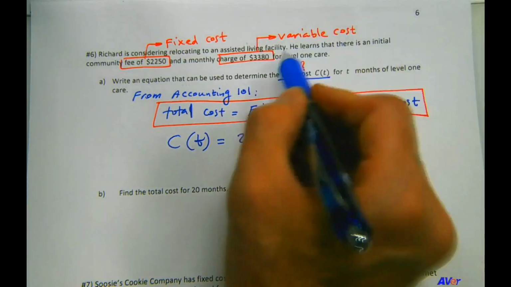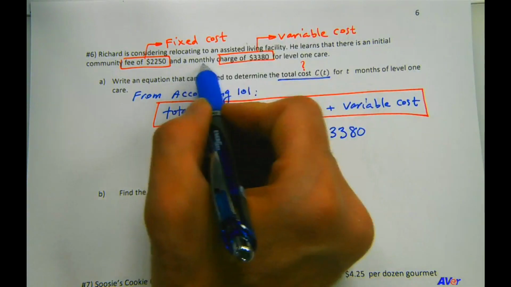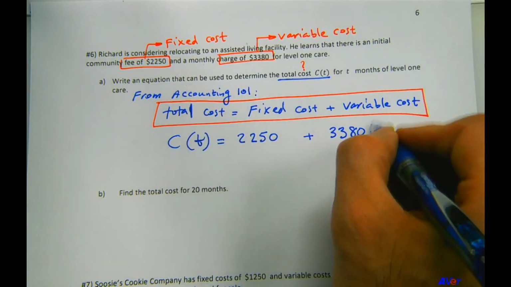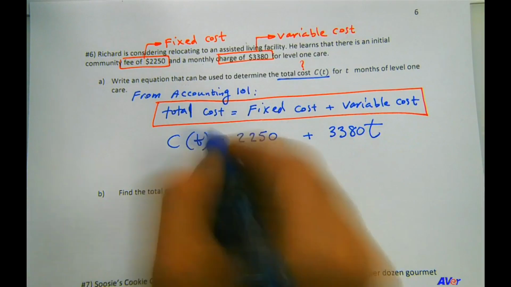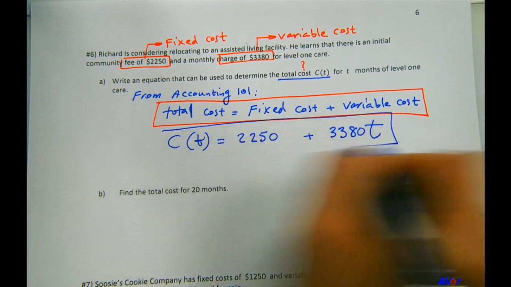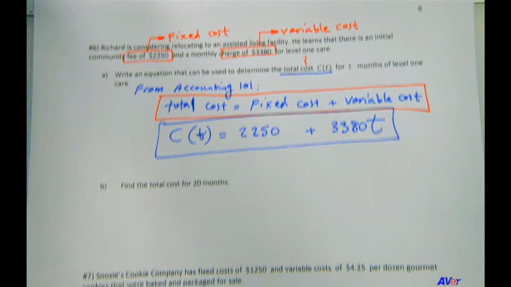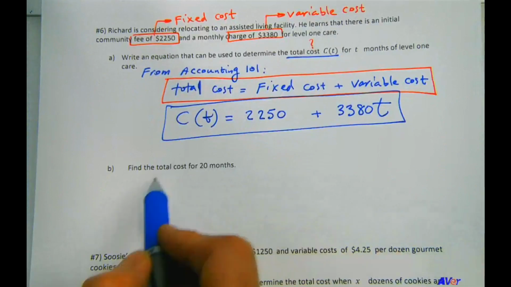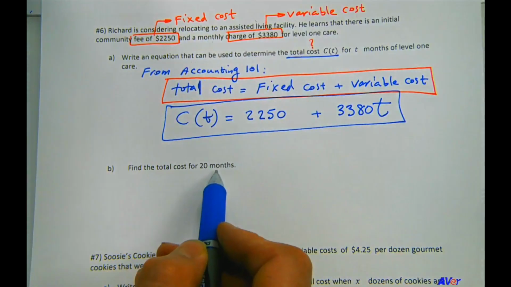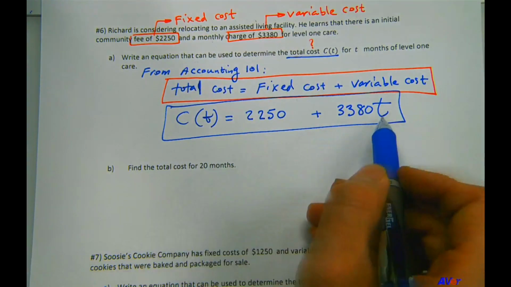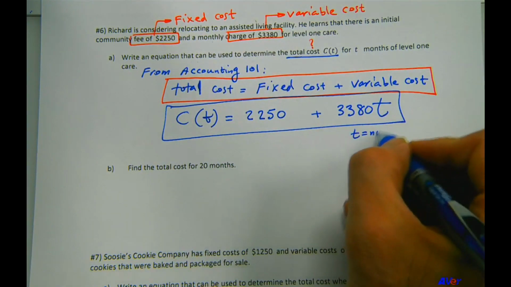It's the variable cost that is a monthly charge. So the T is here. Okay, so here is the equation. And then it says, find the total cost for 20 months. And T represents the number of months.